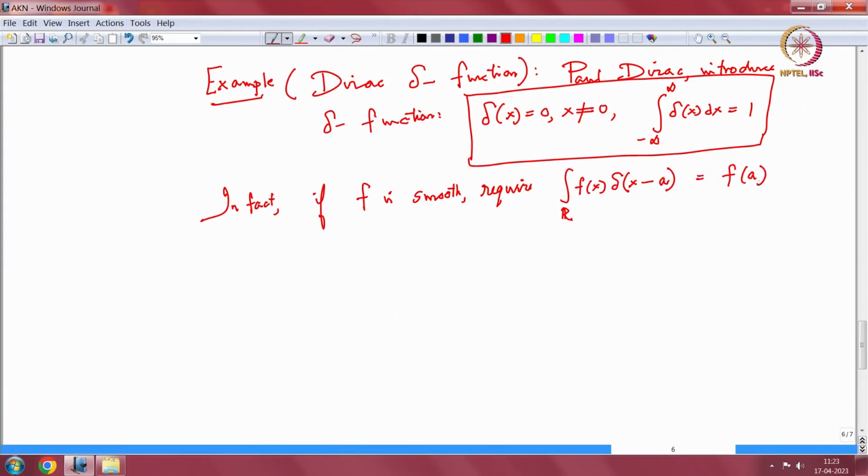That means f will be your physical quantity. He is a physicist, with physical intuition, and he even wanted to differentiate such a function.